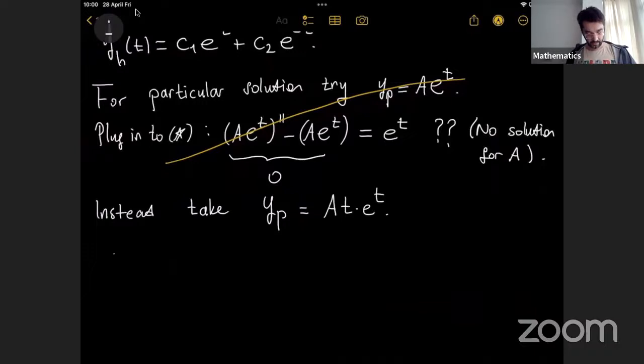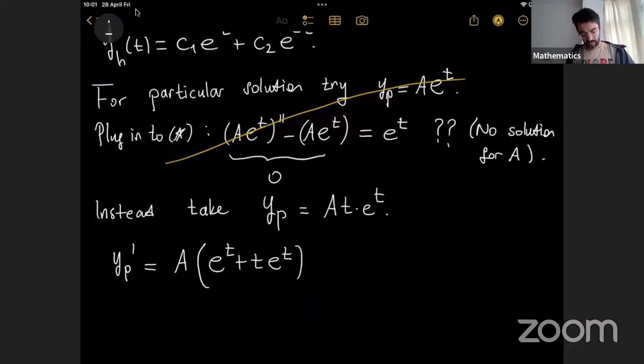yp prime now is going to be a times e to the t plus t times e to the t. Take another derivative, yp double prime.